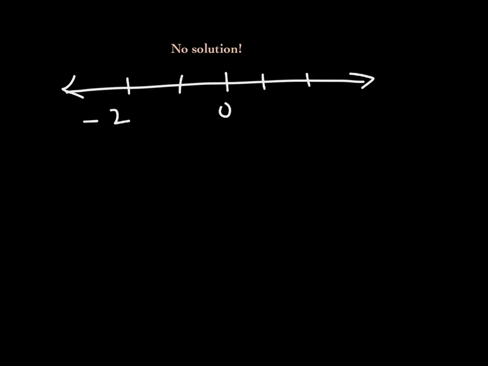Then your graph would look like this. That's it. It would be blank. Don't draw any arrows in any direction, nothing. Don't plot anything. Leave the number line blank. In order to write no solution in interval notation, there's a symbol for no solution.